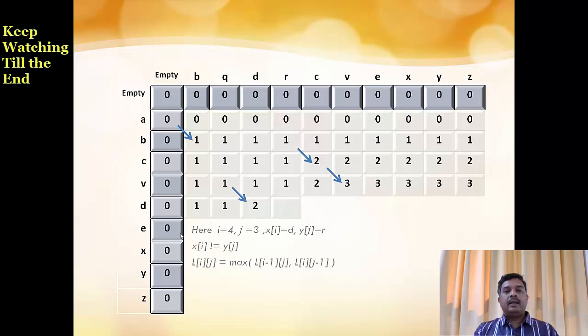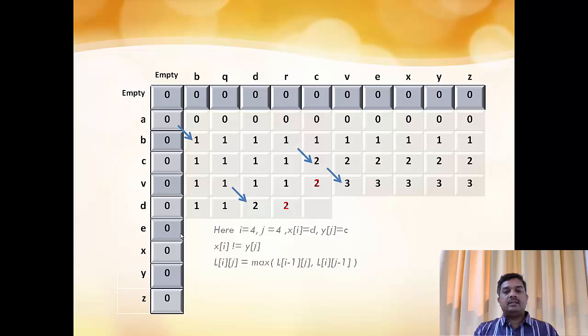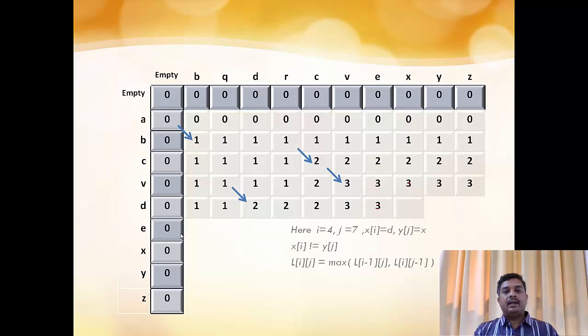Now D and R, D and C, D and V, D and E, D and X, D and Y, and D and Z are not same, so taking maximum each time. So the fifth row is also completed.